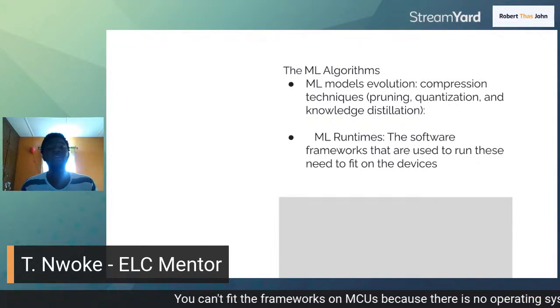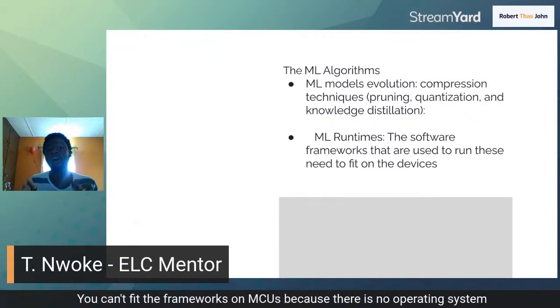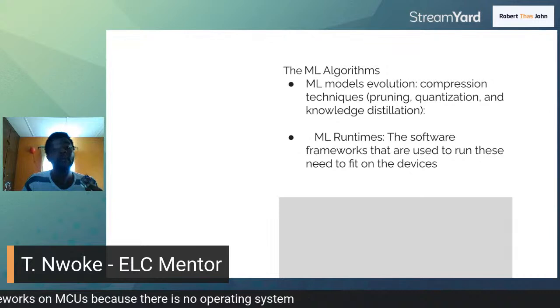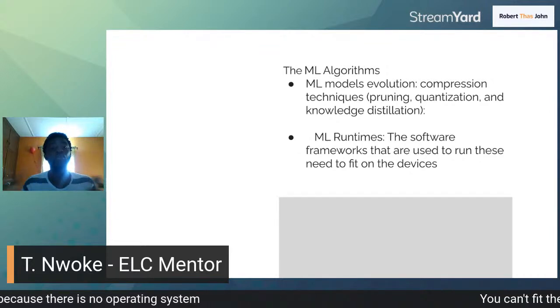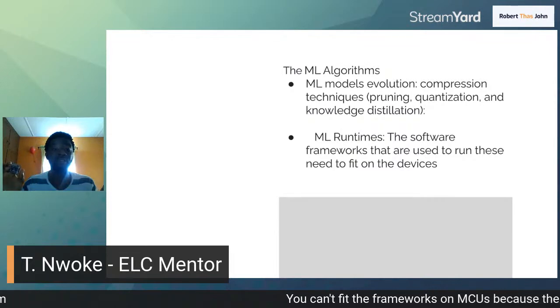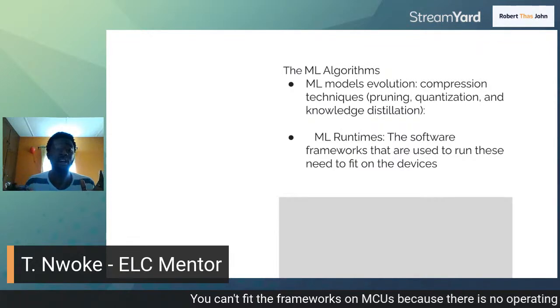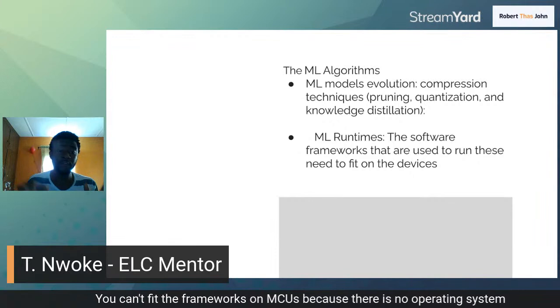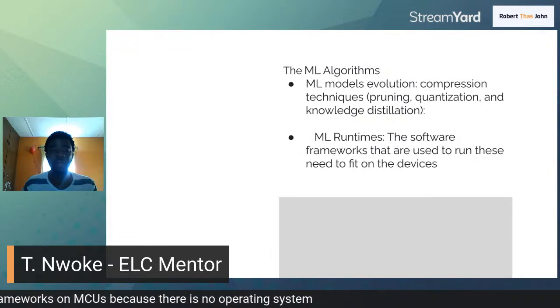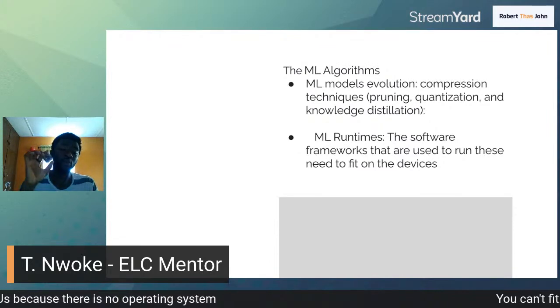So the goal is to find another approach or another angle to fit this solution on our devices, and have this intelligent and smart way of working, optimizing our time and efficiency everywhere and at all times. And that is why TinyML comes in. That is why TinyML is important.